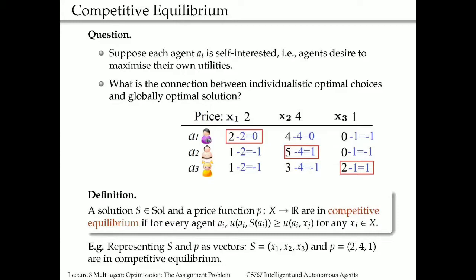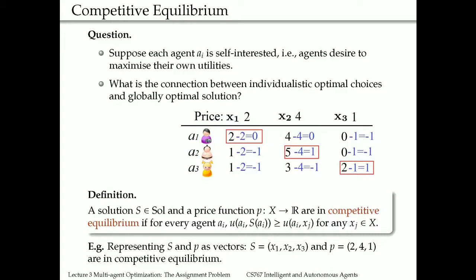So the U of Ai of S(Ai) would be bigger or equal to U of Ai xj for any xj in capital X. And that's competitive equilibrium. This is the state where the individuals are making their separate optimal choices.